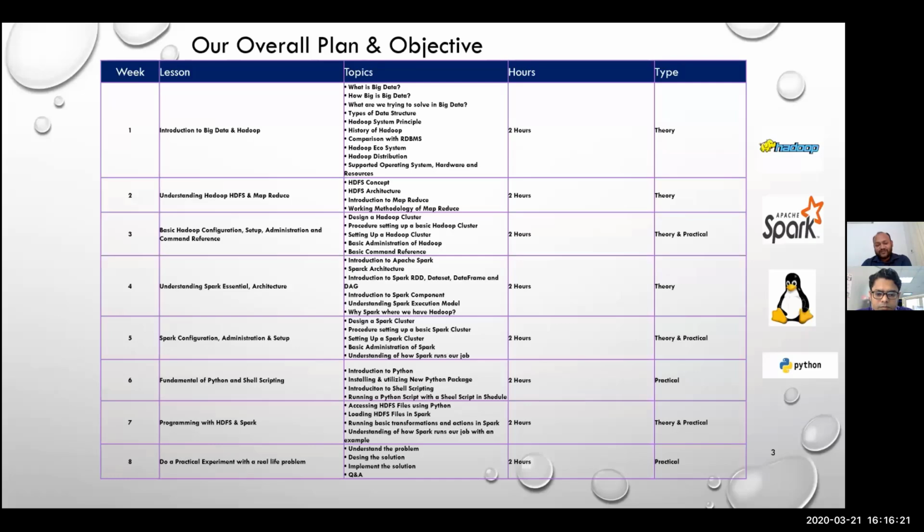That would be really helpful. And then we'll do some programming on top of Hadoop and Spark. And in the last class, we'll be solving one real life problem. After that, I think you will be able to understand how to design and solve small big data problems.